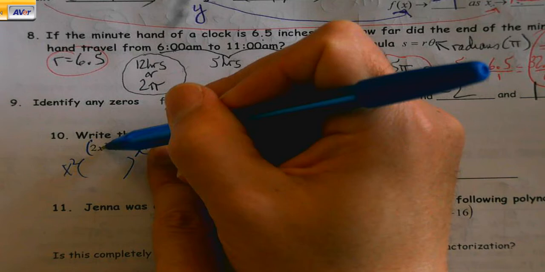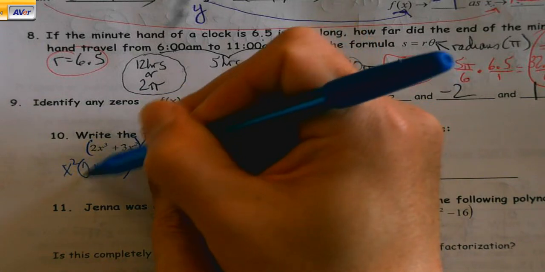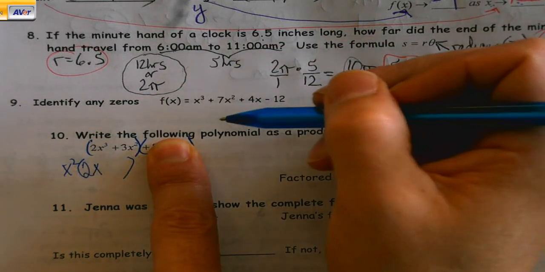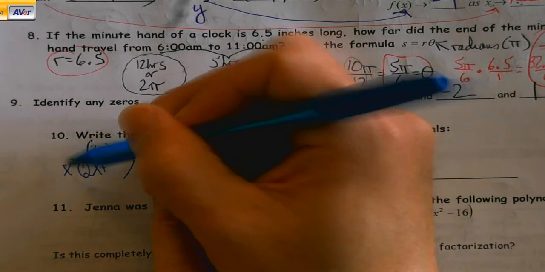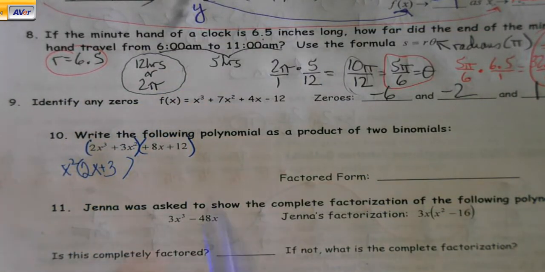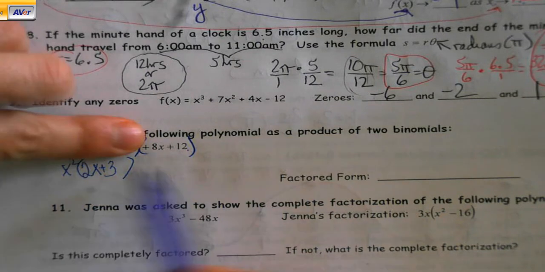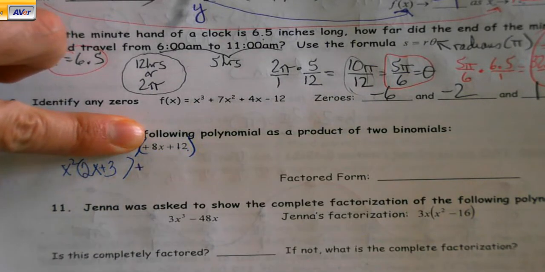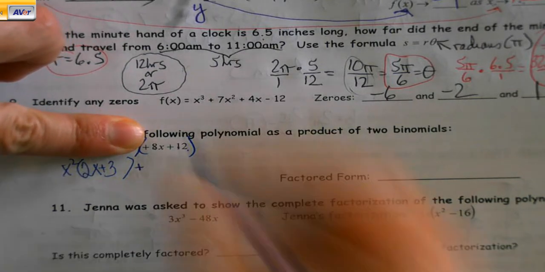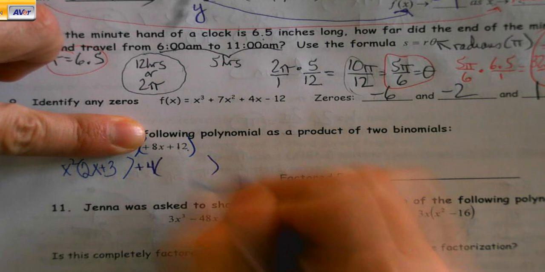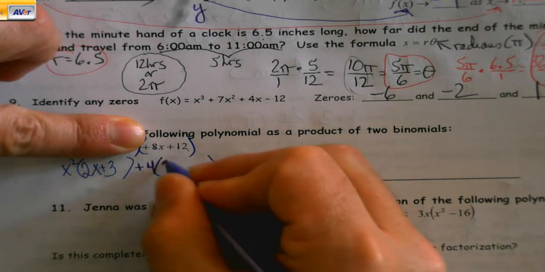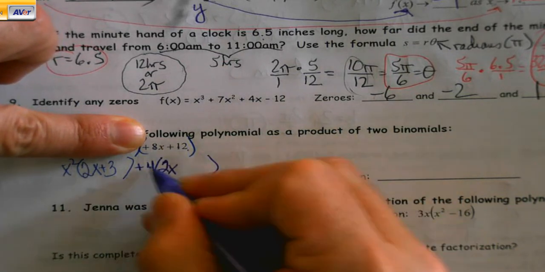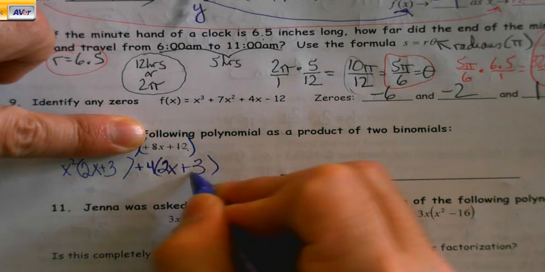X squared, to get to x to the third, I need an x, and there was no number, so I need my 2. X squared I've already got, I just need the 3. Now if I did this right, when I take my common factor out of the other side, I better have the same set of parentheses left over. 8 and 12, what goes in 8 and 12? 4. 4 times 2 gets me to 8. 4 times 3 gets me to 12.